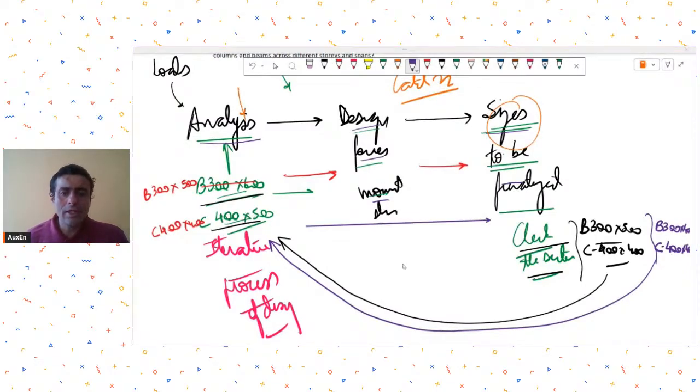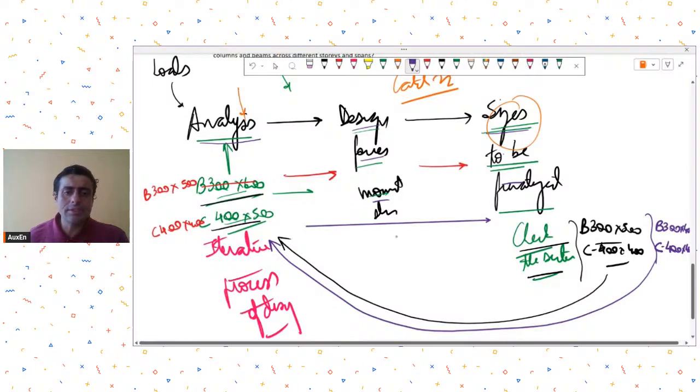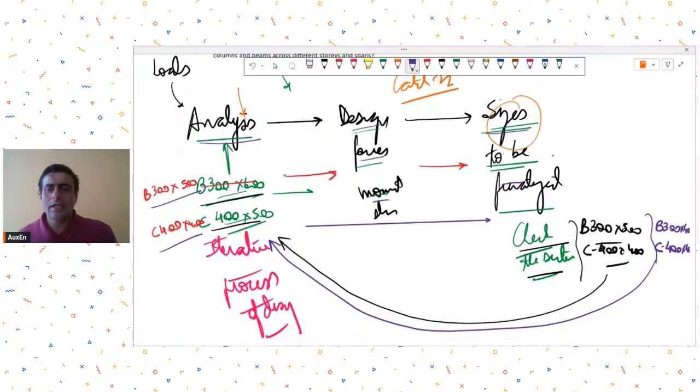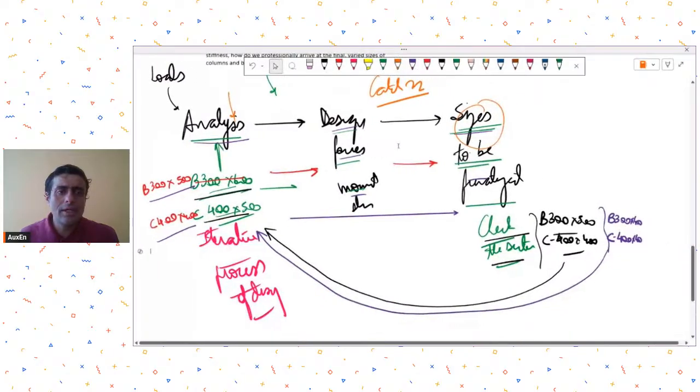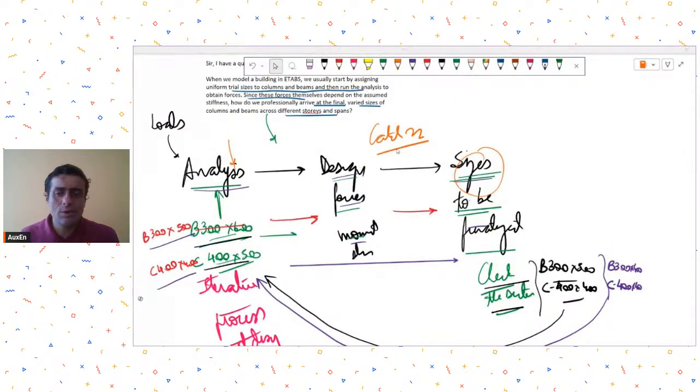How long will I keep doing this? I'll keep doing this until convergence is achieved between the sizes that we assumed for analysis and the final sizes that we got after checking all the design forces, moments, deflections, etc. This is the design iteration that you have to follow.